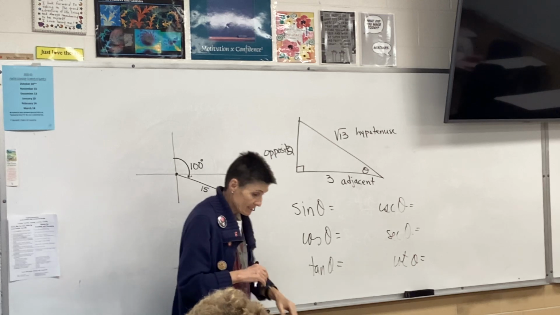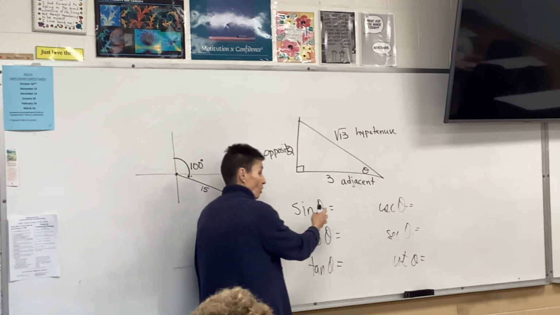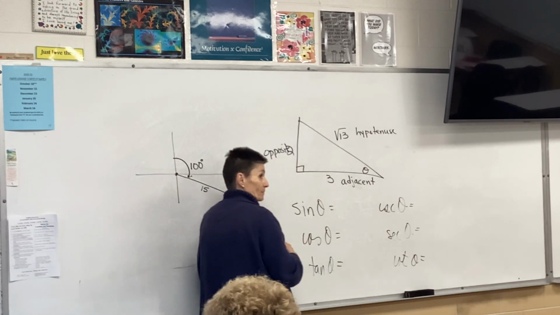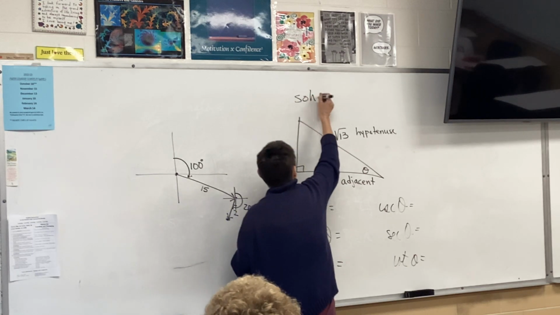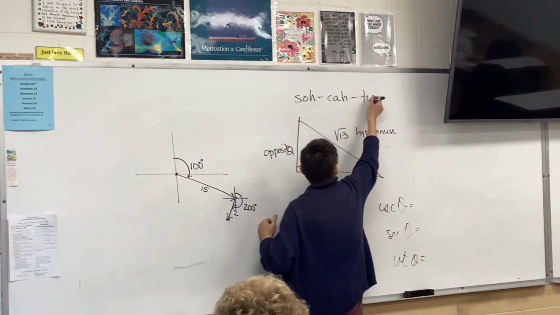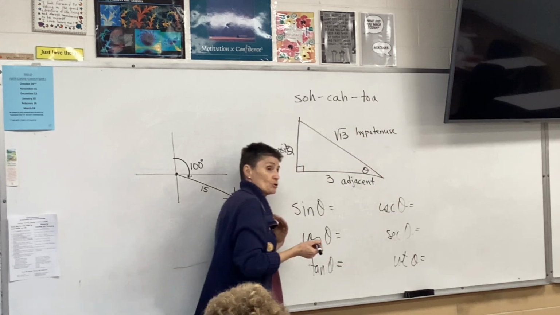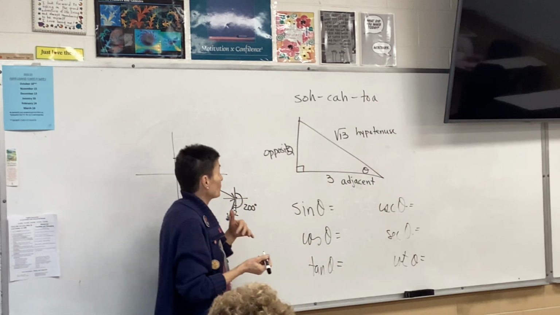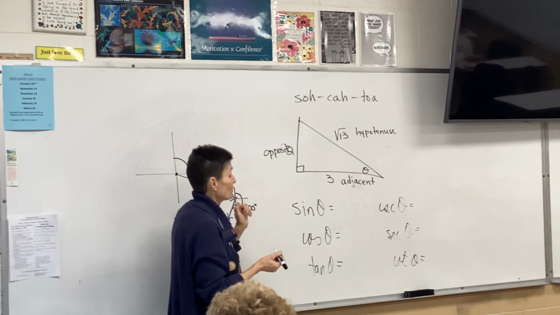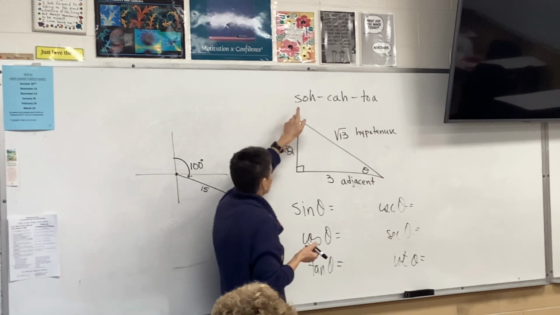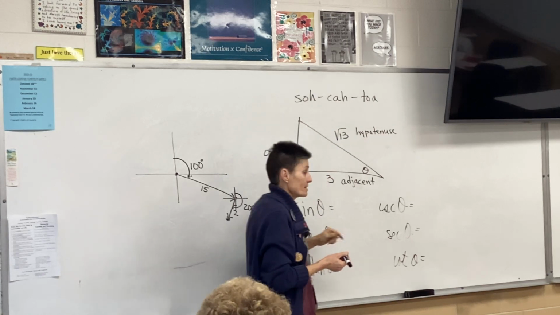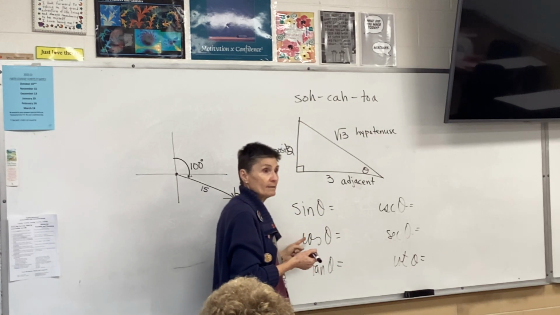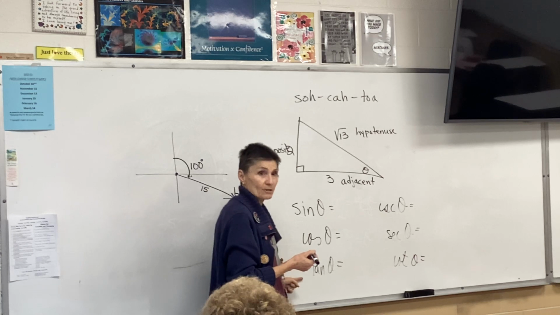Okay? Now, I gotta fill in these. These are all gonna be fractions. So, I'm gonna remember SOHCAHTOA. I don't have to remember that, but it sure helps me. Chief SOHCAHTOA, chief of the trigonometry tribe. S, C, and T stand for sine, cosine, and tangent.